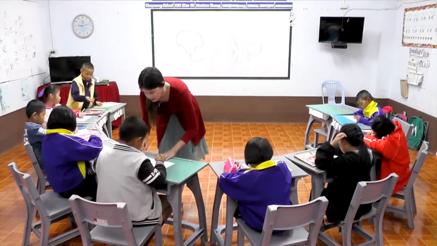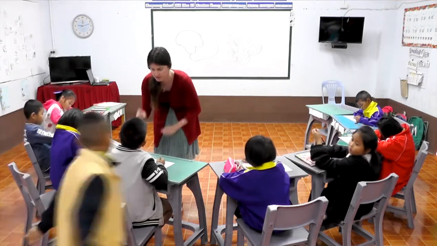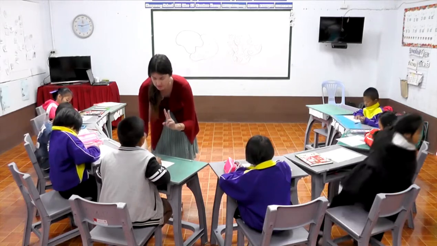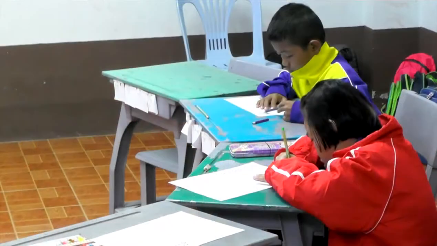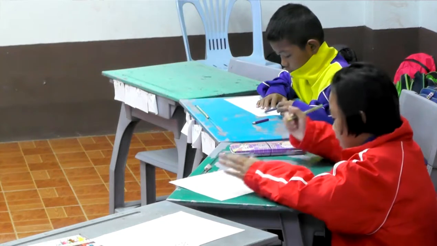Okay. So how many groups? How many circles? 1 circle, 2 circles. 2. So we have 2 circles. That goes here. Looking good. Okay.